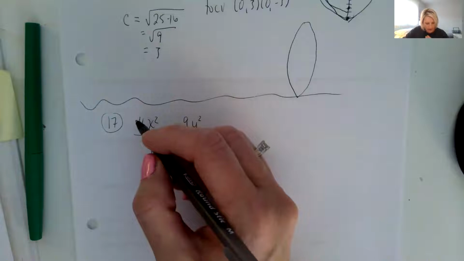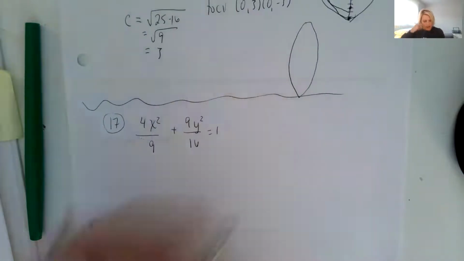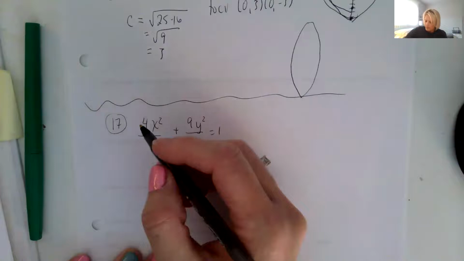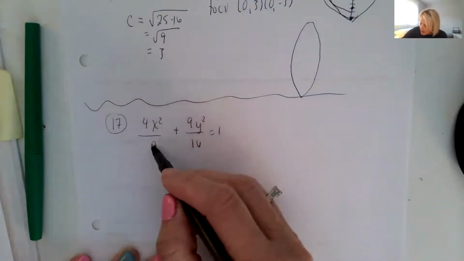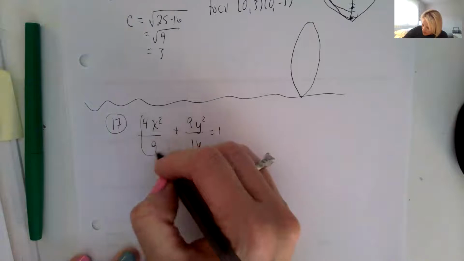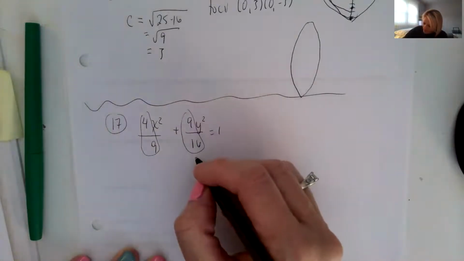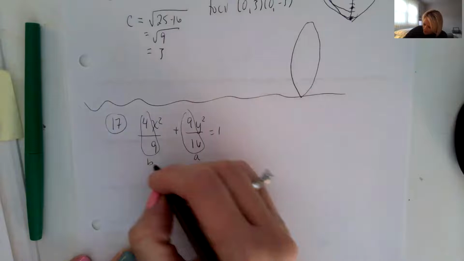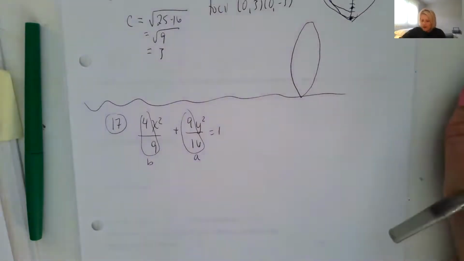So this time we have A, so really this is our A and B. And so this is our A and this is our B on 17.